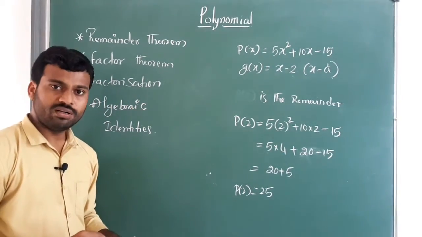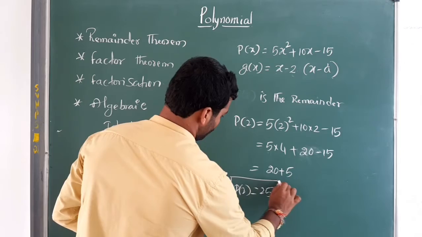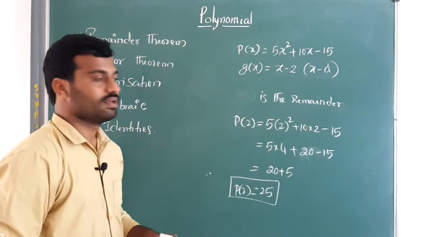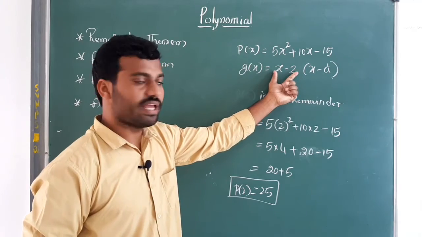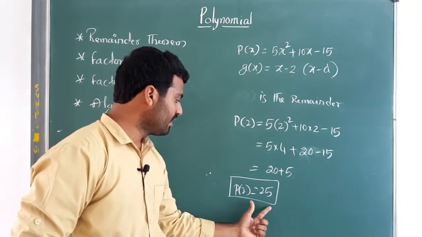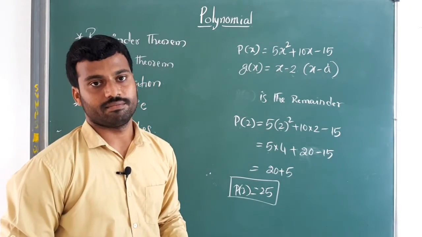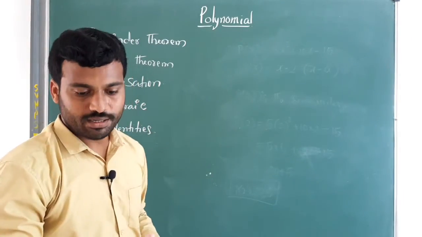P of 2 value is 25. So when we are dividing with x minus 2, the remainder will be 25. Consider one more example.